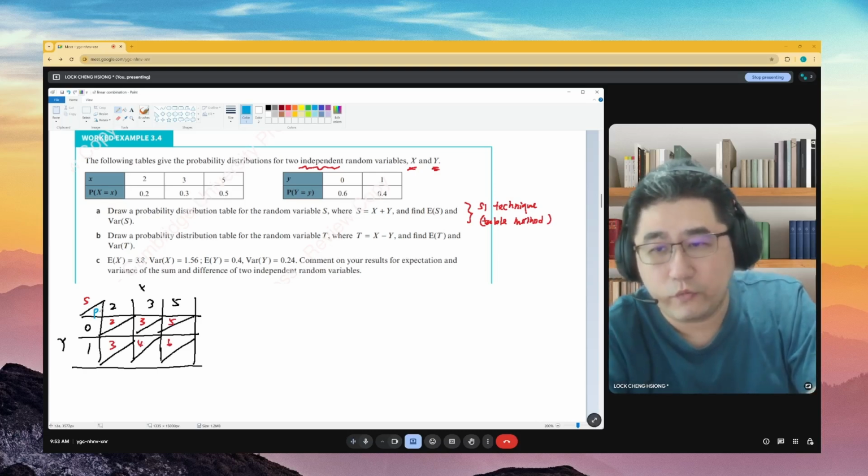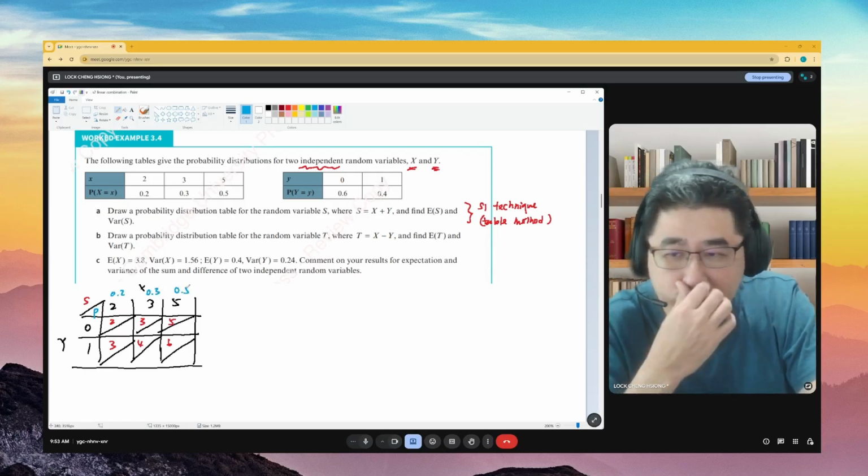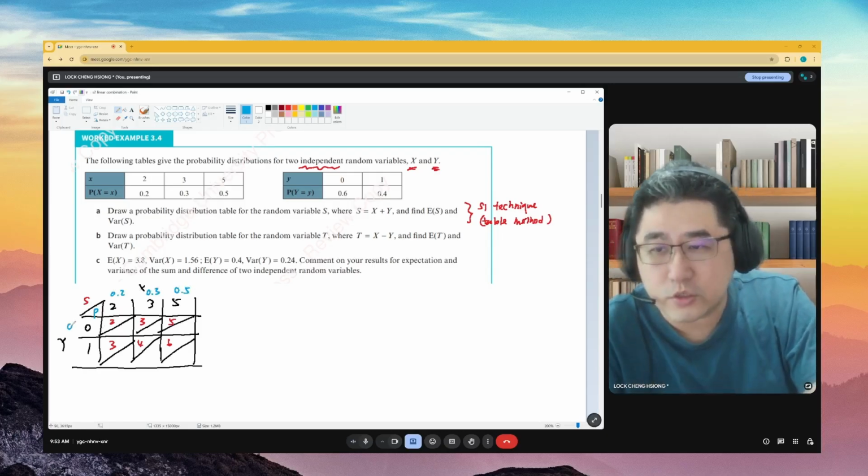And for their respective probabilities, for 2, 3, 5, it's 0.2, 0.3, and 0.5. Over here, this is 0.6, and this is 0.4.